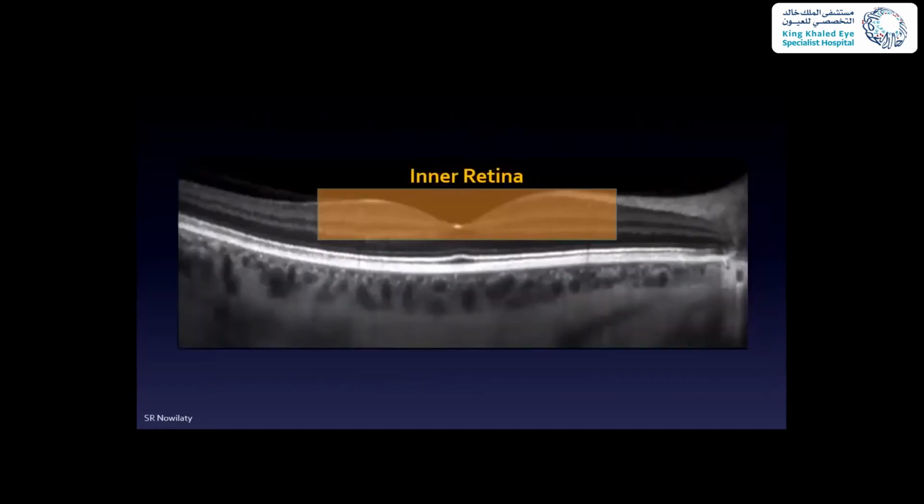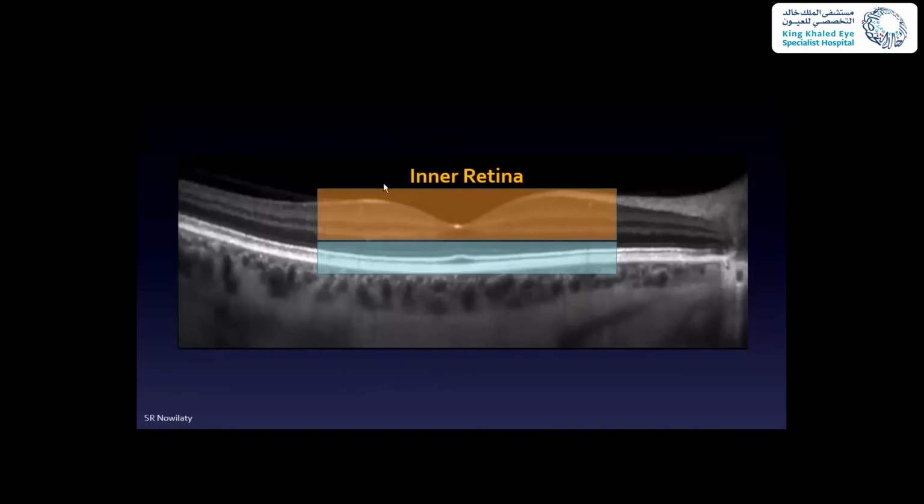In order to qualitatively interpret an OCT of the macula, we need to know the anatomy. We call this part of the retina the inner retina, and this part the outer retina. The inner retina, if you remember your anatomy, receives its blood supply from the retinal circulation.